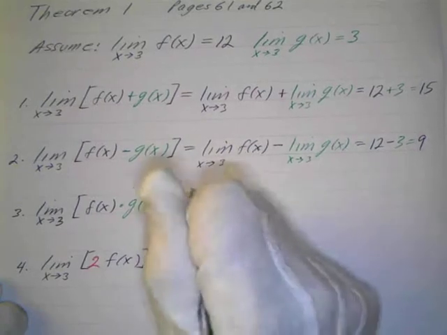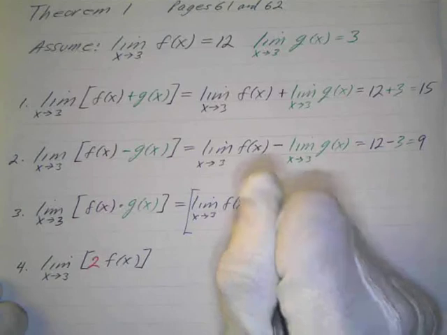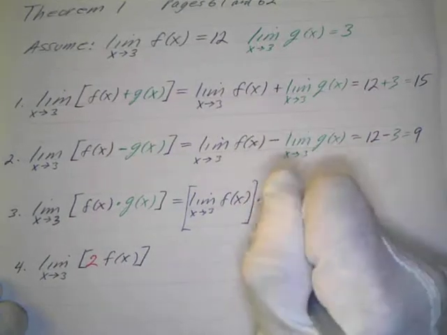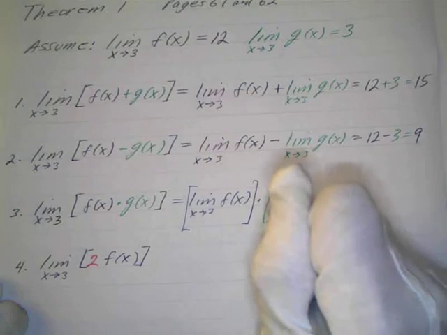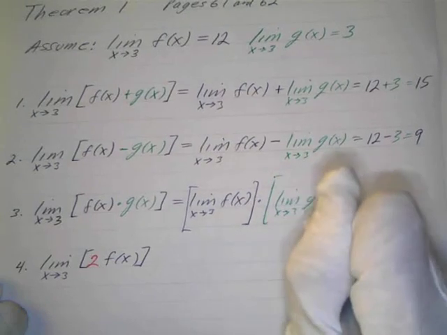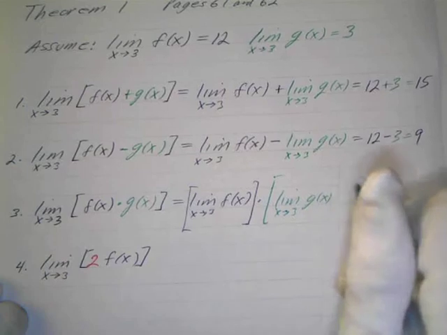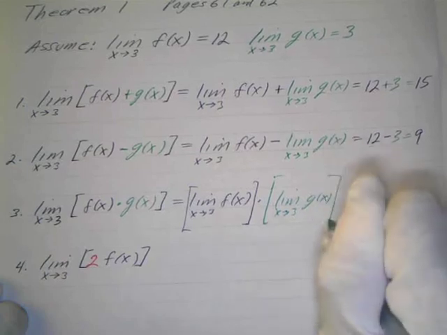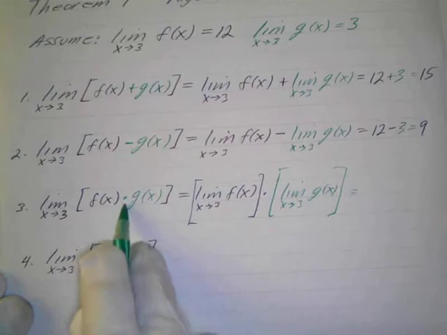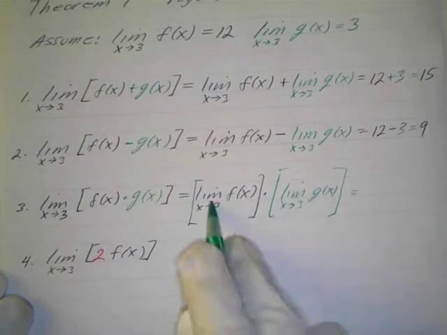We probably would have to use some brackets here, times the limit as x approaches 3 of g of x. So again, the limit of a product is the product of the limits.